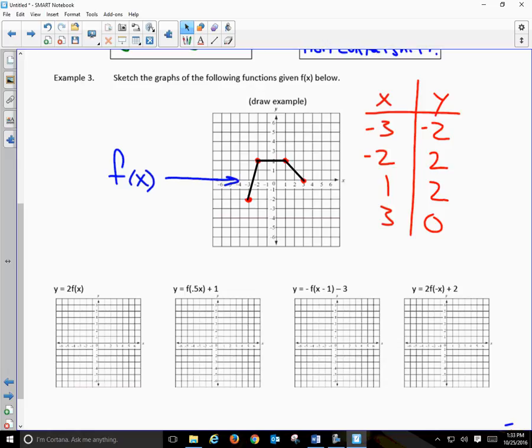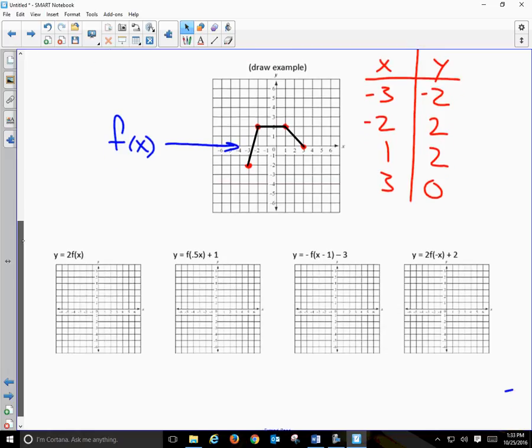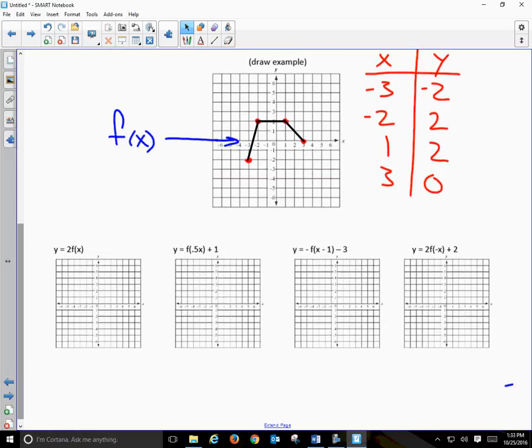And we're going to perform certain transformations to it. And this will test whether or not we really understand the operations. So let's look at our first example. If this is f of x, I would like to graph 2f of x. What does that mean? What does the 2 do to it? By a factor of 2.